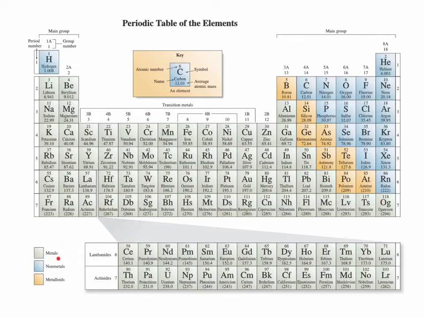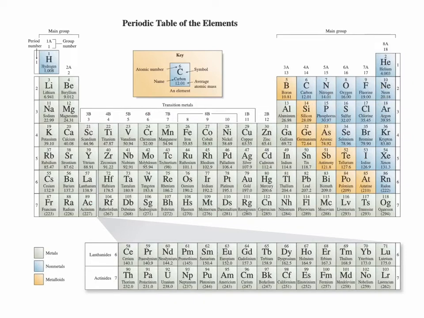The boxes that are in blue all represent the nonmetals. They have similar properties to one another. And then you see this diagonal of yellow boxes in between the metals and the nonmetals. Those are called the metalloids. That is to say, they have some properties that are similar to the metals and some properties that are similar to the nonmetals.